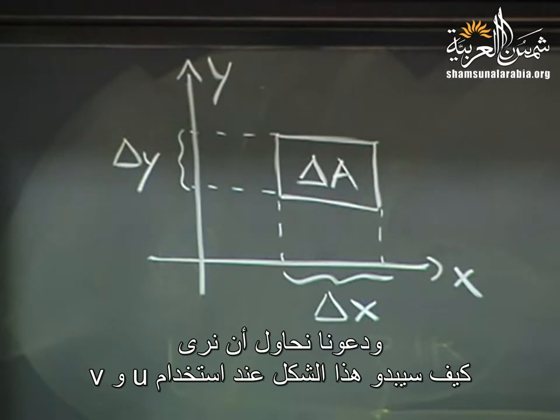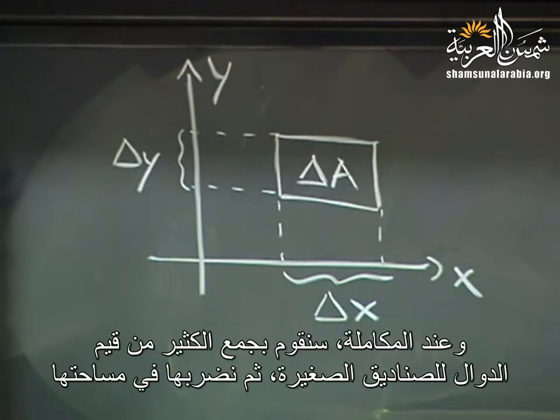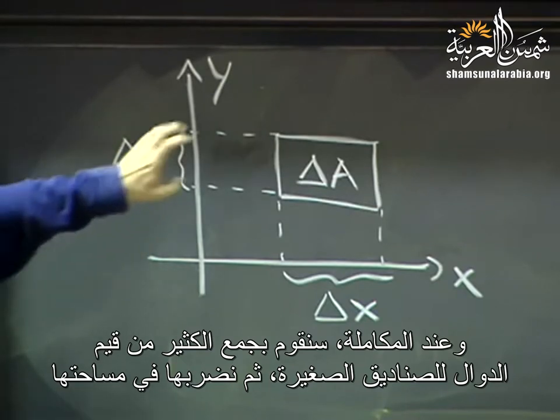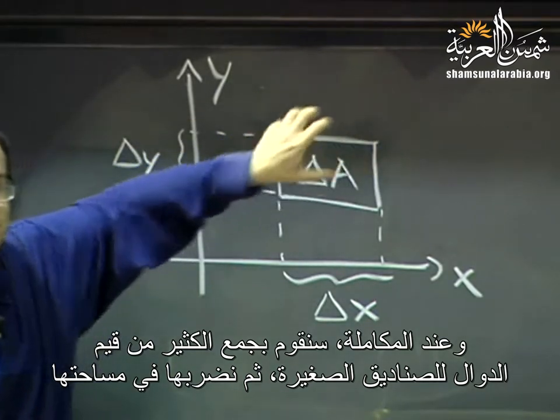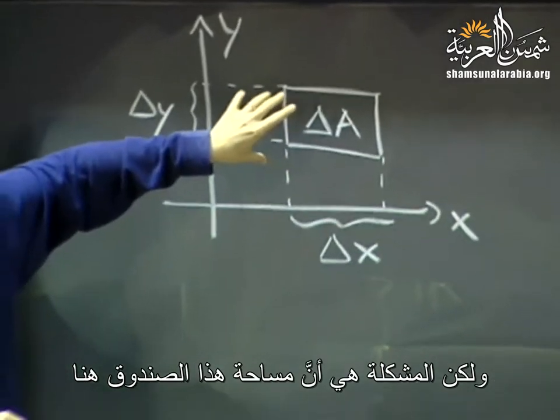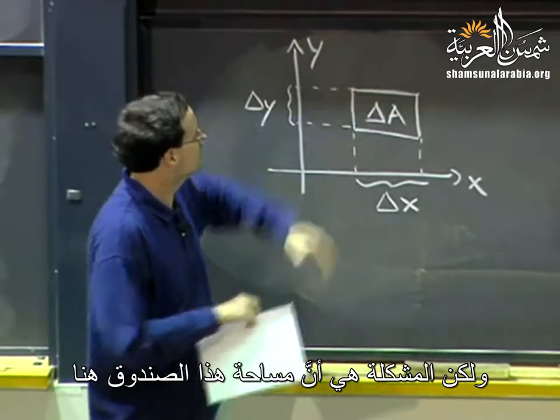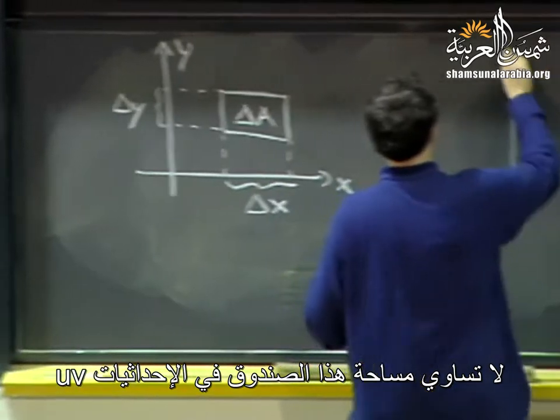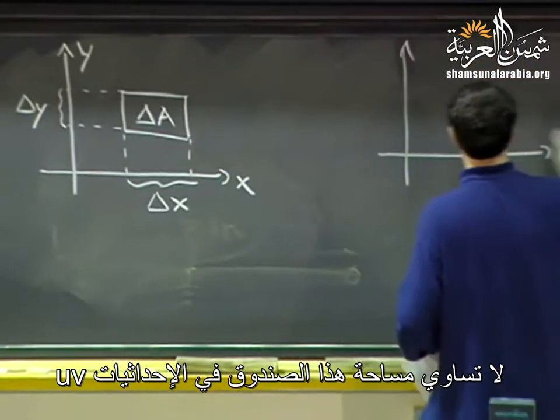Okay, and let's try to figure out what it will look like in terms of u and v. And then we'll say, well, when we integrate, we're really summing the value of a function over a lot of small boxes times their area. But the problem is that the area of a box in here is not the same as the area of a box in uv coordinates.